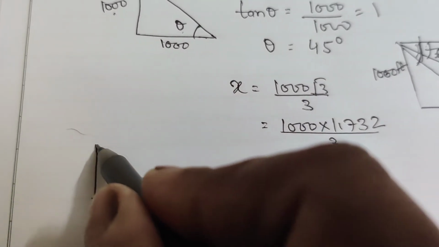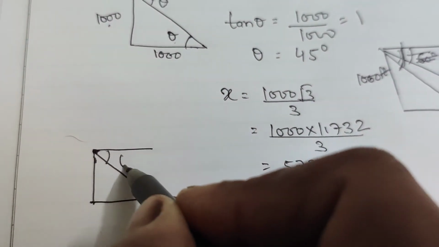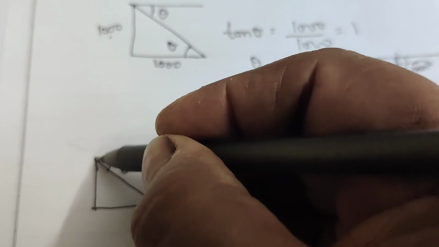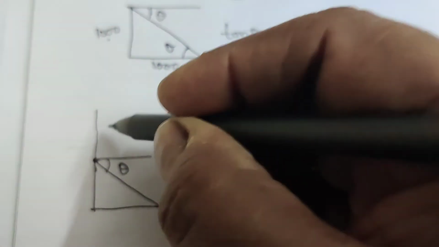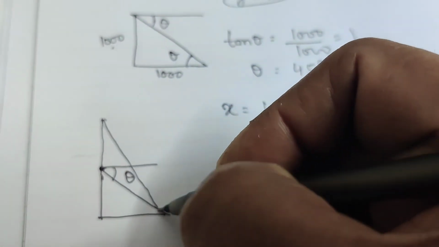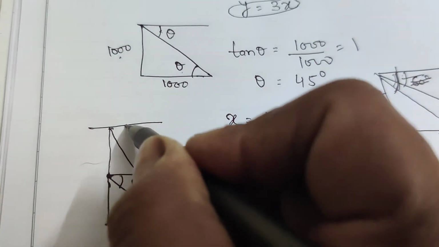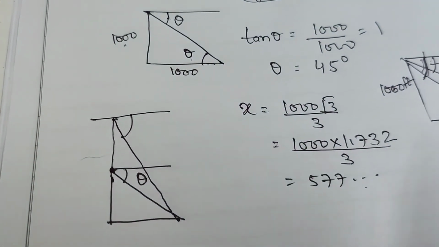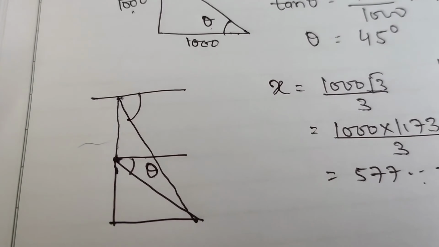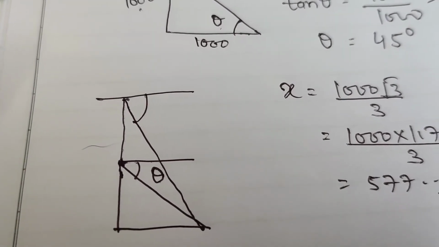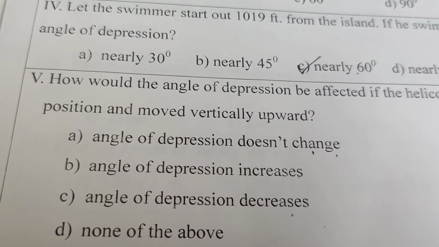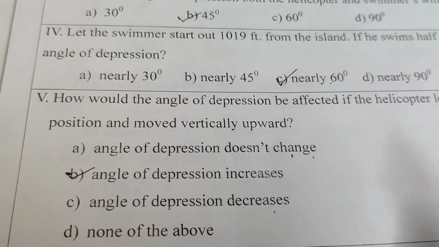If the helicopter is here, the angle of depression is this, and then the helicopter moves upward. The angle of depression will increase. The right option is: the angle of depression increases. Okay. Thank you.